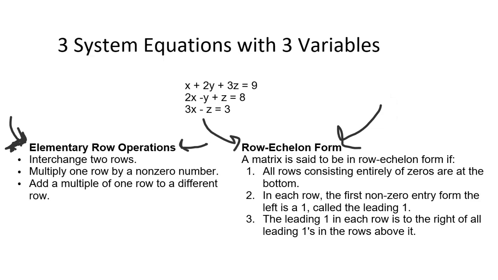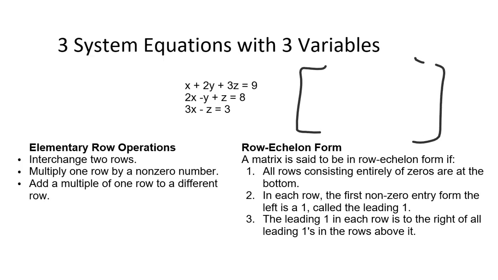And when we talk about our row echelon form, we're going to be talking about a 3 by 3 matrix. And remember, a 3 by 3 matrix is going to be something that looks like this. That looks 1 number, 2 number, 3 number, 4 number, 5 number, 6, 7, 8, 9.